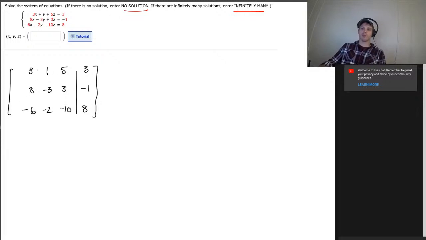What I notice is that negative 2 times row 1 is equal to row 3, all except for these last things on the right-hand side of the equation. So I'm going to do a row operation: -2 times row 1 plus row 3, and store that into row 3. Let's see what happens from there.